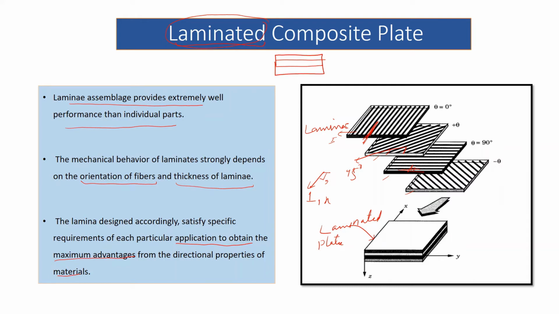In which direction do we have the maximum loads? If any shear loads are acting, we will try to give a theta angle of 45 degrees so that it can resist the maximum load. If the shear stress is not acting or very little is developed, then we can provide theta 0 degree and 90 degree cross ply plates and so on.